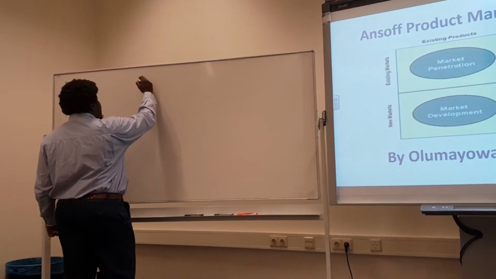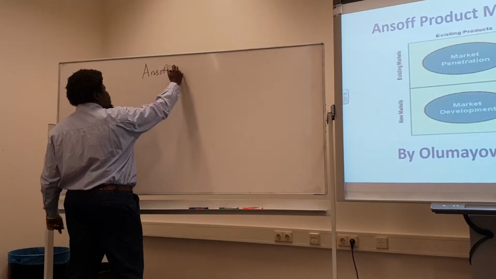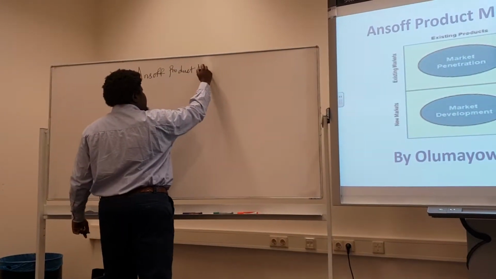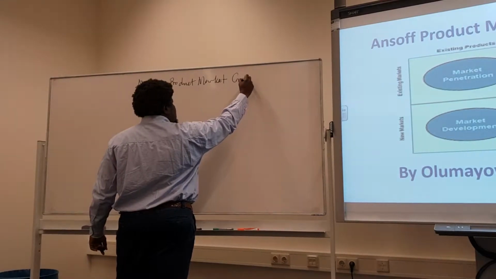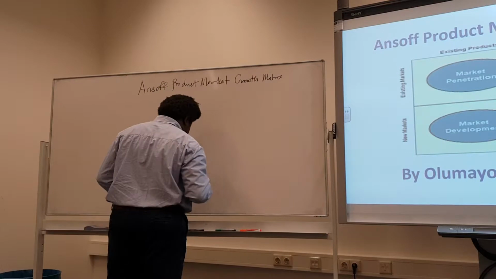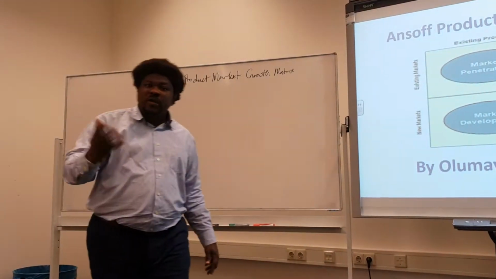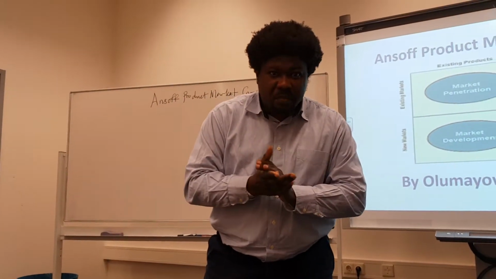So again, today it's about the Ansoff Products Market Growth Matrix. The Ansoff Matrix is always in a quadrant because there are 4 aspects of the matrix.